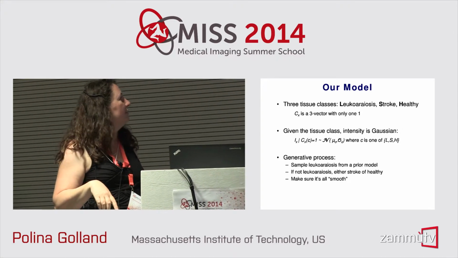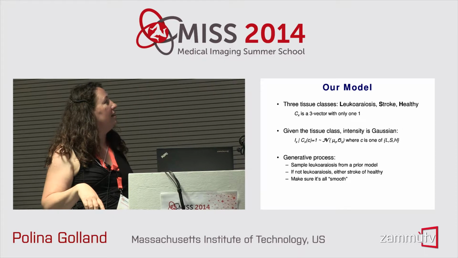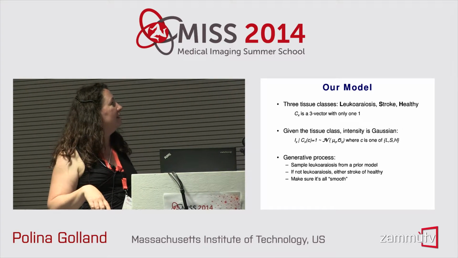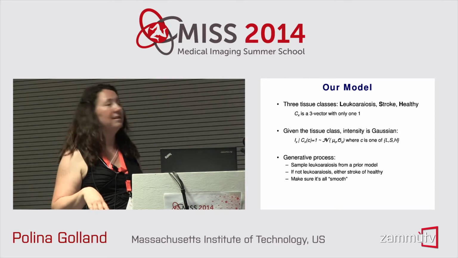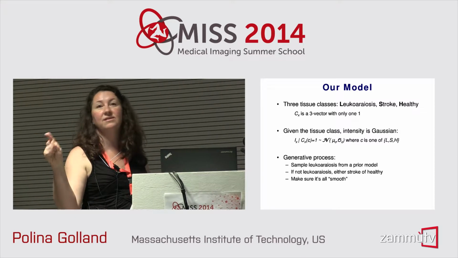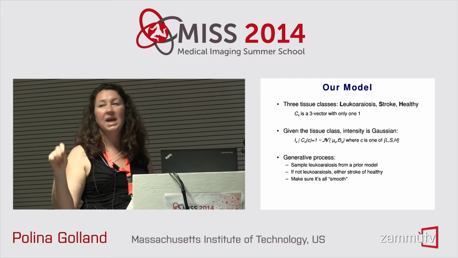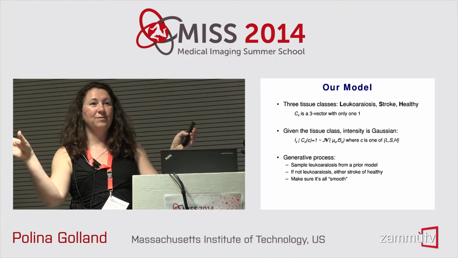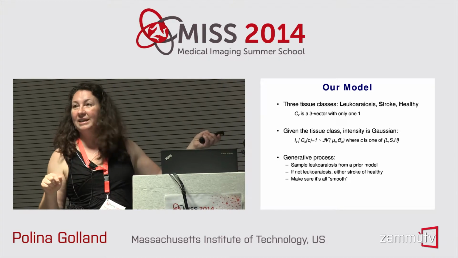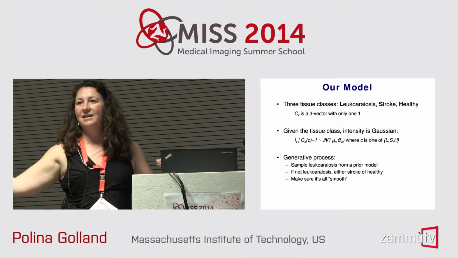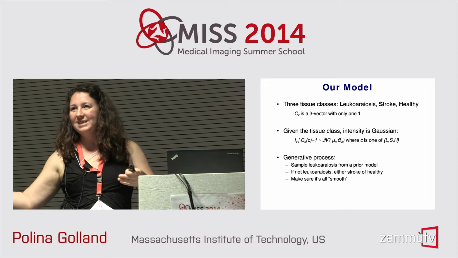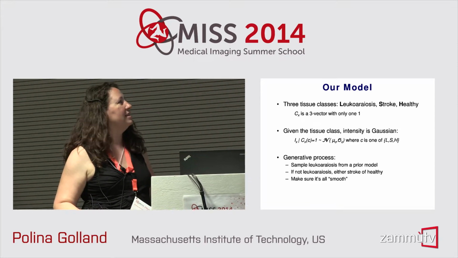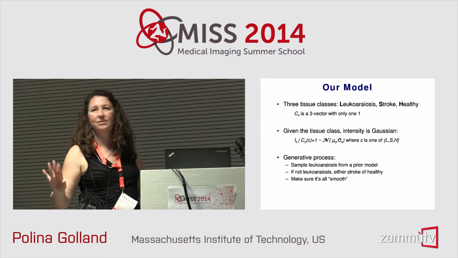For example, if in a particular pixel the class is leukoaraiosis, then the intensity is Gaussian with the mean and standard deviation that correspond to leukoaraiosis. This will give us the image term in our distribution, because I'm going to multiply everything by the likelihood, take the negative log, and minimize that. This is a very standard approach to this model.